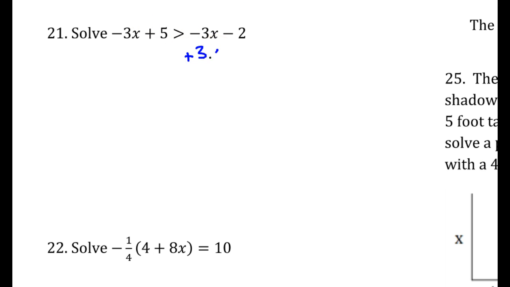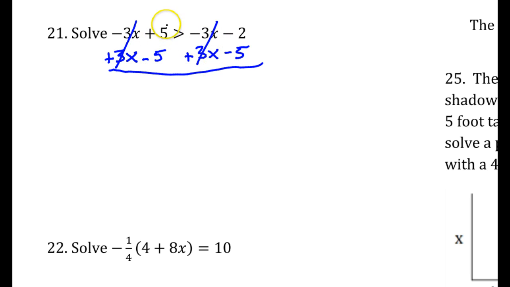Same idea, add 3x to both sides, and subtract 5 on both sides. So obviously we're giving you these problems on purpose so you have practice with these special cases. So again, everything cancels on the left. Compare them. -2 minus 5 makes -7.